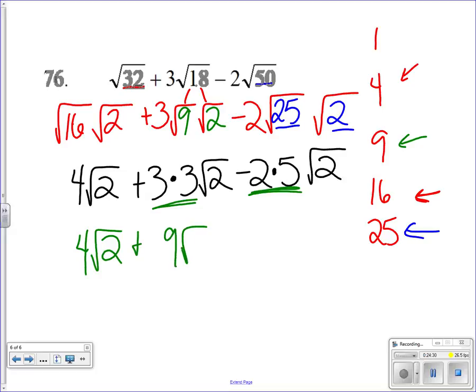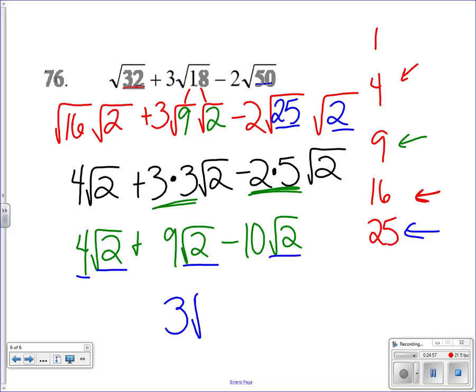And since all of these have square root of 2's, we can go ahead and combine all of those outside numbers. So 4 plus 9 is 13, minus 10 is 3. And then we also have our square root of 2. It's kind of like back in algebra where you have like 5x. Actually, we'll even just use the same numbers.